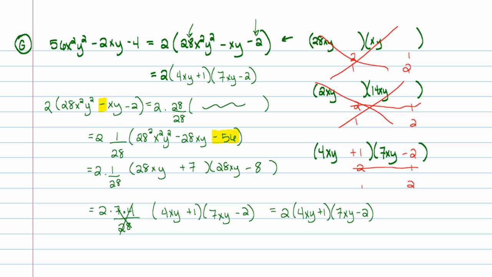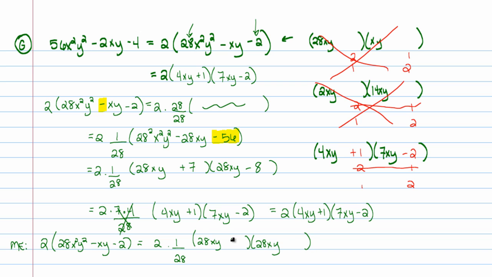Keep trying this method. It may seem bulky at first, but when I approach it, I would again factor the 2 out first. So I'd have 28x²y² − xy − 2. This is full speed, okay? I know that's going to factor as 2 times 1 over 28 times (28xy)(28xy).